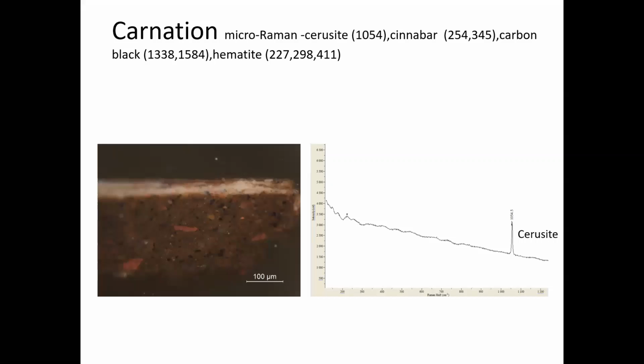The same major pigments can also be found in flesh tones of Spanish and Portuguese paintings, and is described also by Portuguese and Spanish treatises.